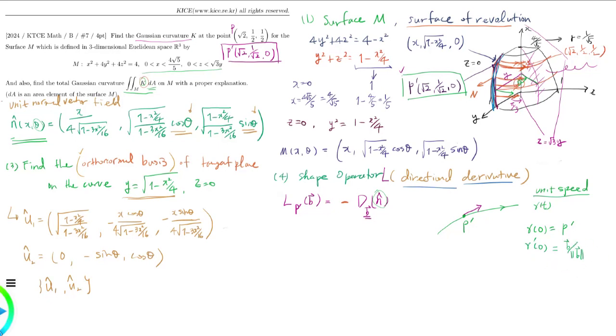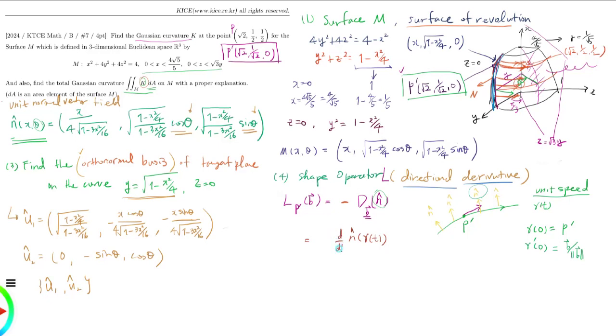So you can think of the unit normal vector field on this unit speed curve, and then you take a derivative of this unit normal vector field on this unit speed curve gamma of t.